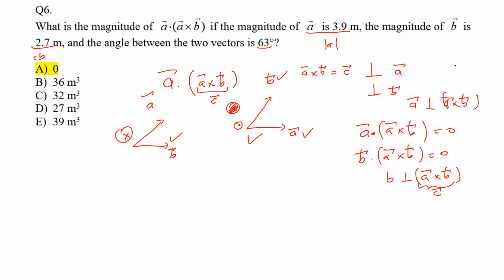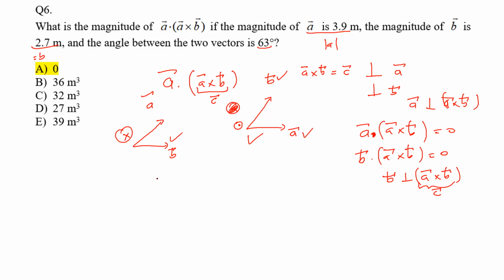A dot product is 0 when the angle is 90 degrees. So this dot product is 0 because you have 90 degrees between A and C, which is the cross product AB.